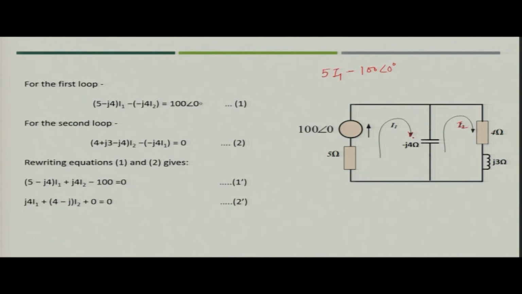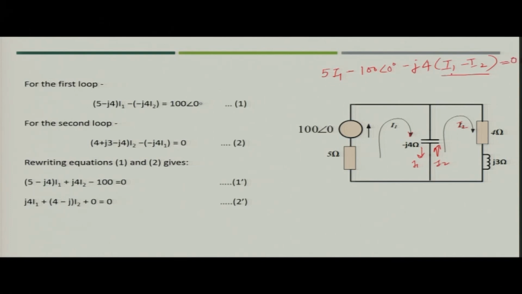Then this current will flow through the capacitor, so you will write minus j4 into (I1 minus I2). Why minus I2? Because I1 is in this direction, but I2 is flowing in the opposite direction. So, for this particular capacitor you will have the net current as I1 minus I2. Now you have this equation.